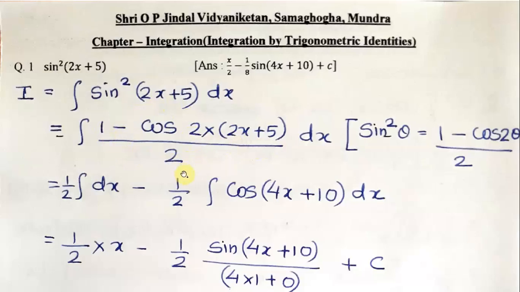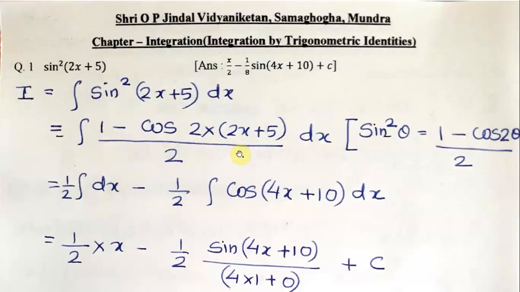So 1 upon 2, that is constant, I kept outside. So first term remains 1, so I kept here dx, and similarly here also 1 upon 2 will come, and cos of 4x plus 10 I kept here, because 2 I have multiplied inside.